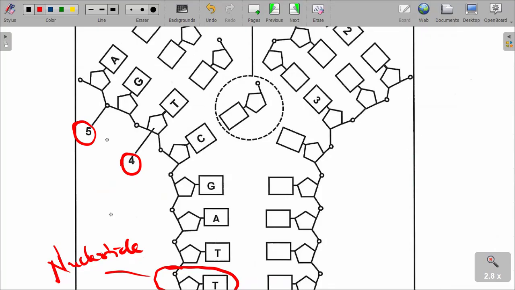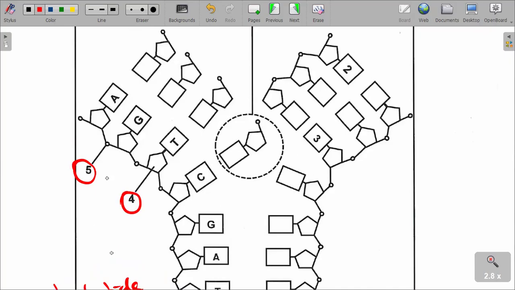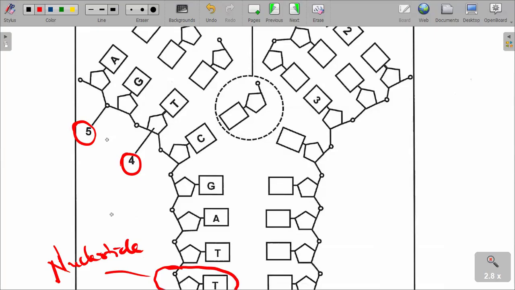If you look at the diagram, 1 points to the ring structure with A, T, C, G, which is the nitrogen base. 4 points to the sugar molecule, which is the pentagon shape, and 5 points to the phosphate group, the circle with a P inside.